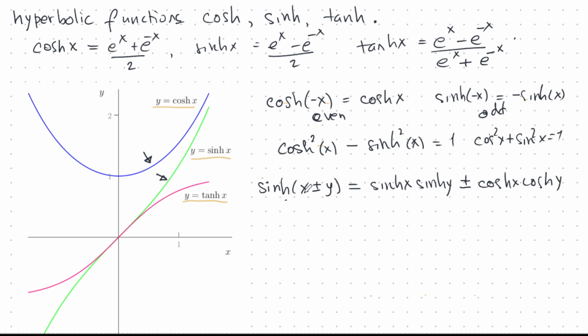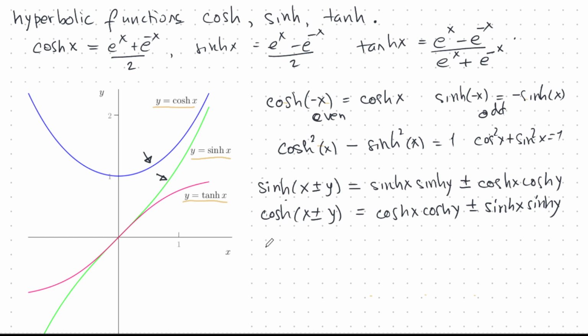Hyperbolic sine of x plus or minus y is this. It's very much like the circular version. And we also have the same kind of thing, an analogous one for hyperbolic cosine. And it looks like this. And you might notice that these things are, in fact, a little bit easier to remember because the signs are more symmetrical than the usual trigonometry ones.